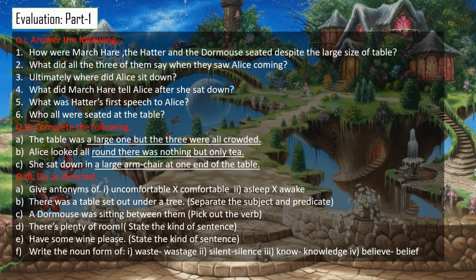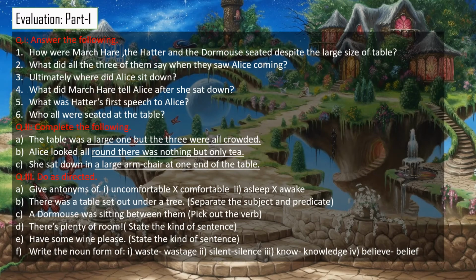Fifth, what was the Hatter's first speech to Alice? Answer: The Hatter remarked that Alice's hair wants cutting. Sixth, who all were seated at the table? Answer: The March Hare and the Hatter were having tea at the table and a Dormouse was sitting between them.